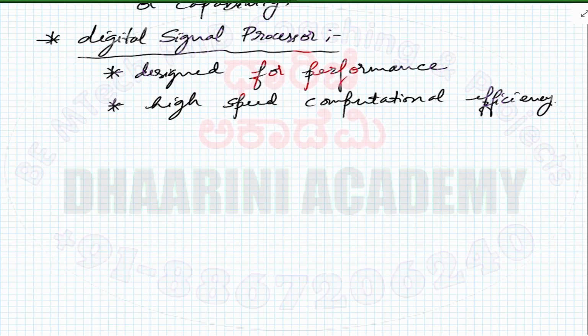Then only it is efficient. You require 4 decimal places, but the device gives only 2 decimal places. The other 2 decimal places are wrong, which means it has less efficiency. So it should be able to perform the operation as fast as possible. That's why it is high speed, and it should be able to give an accurate result. So that's the very basic requirement of a digital signal processor.